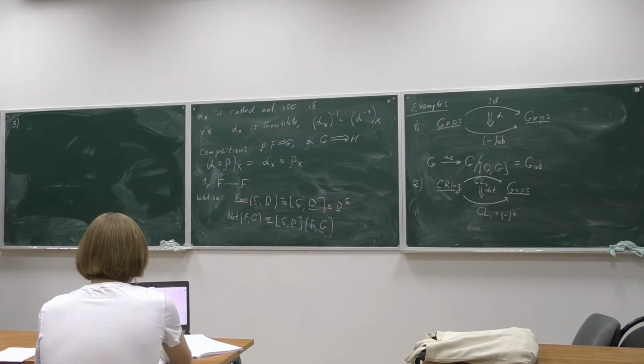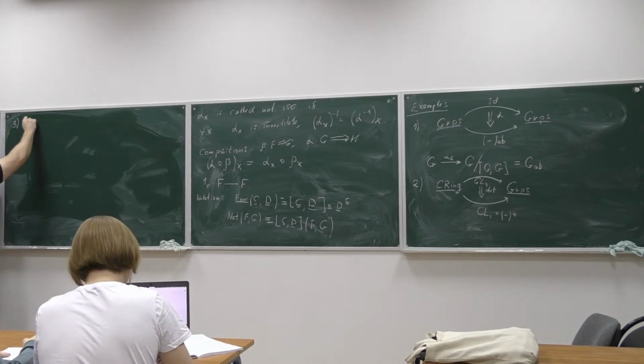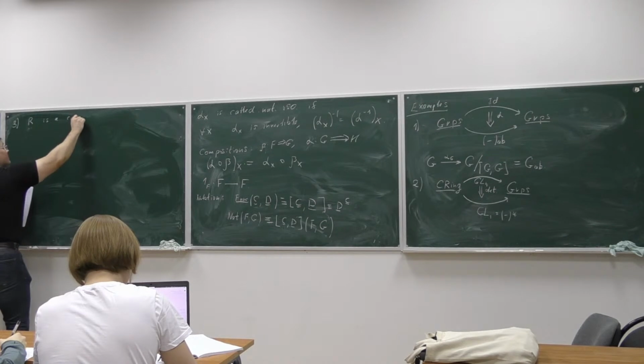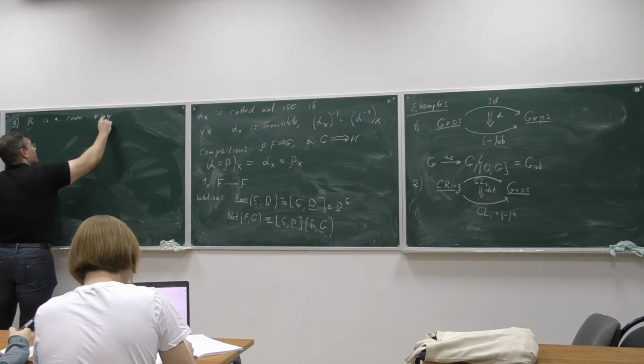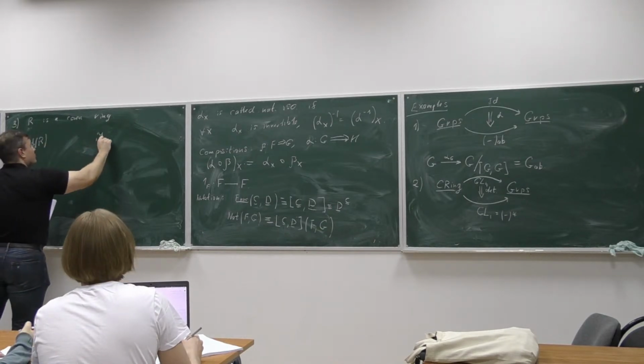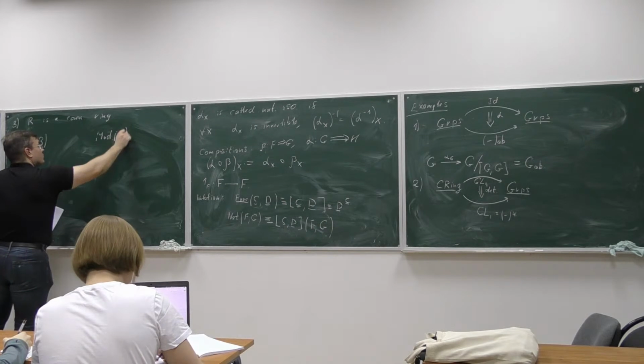Our next example, if you know some commutative algebra: fix R, a commutative ring. Then consider modules over R, and again modules over R, and two functors.